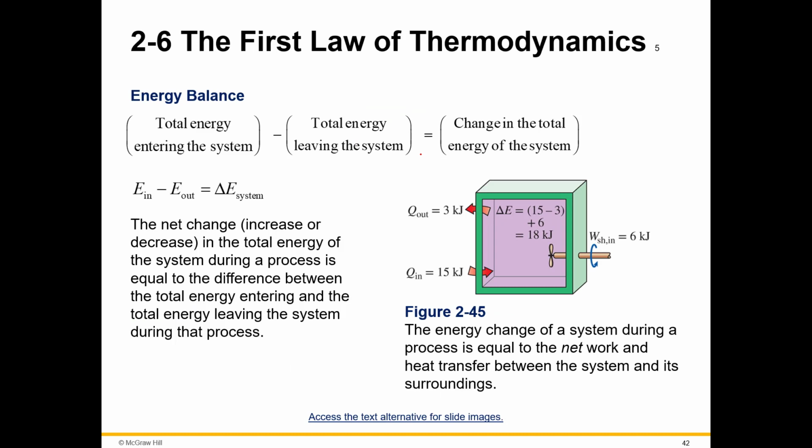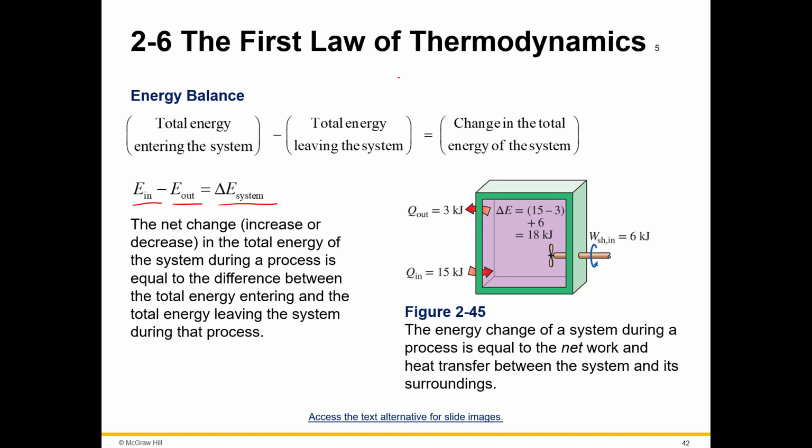So here's the energy balance. The total energy entering the system, energy in, less the energy leaving the system, energy out, is the change in the system energy, right? Makes complete sense.